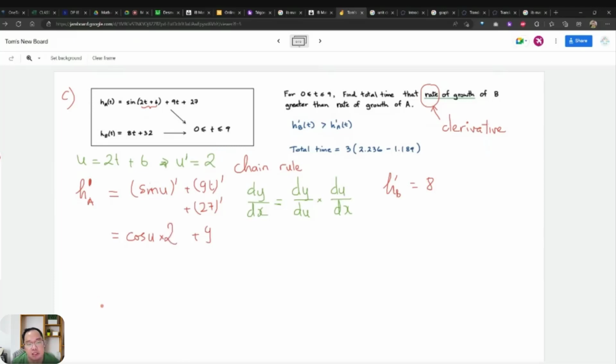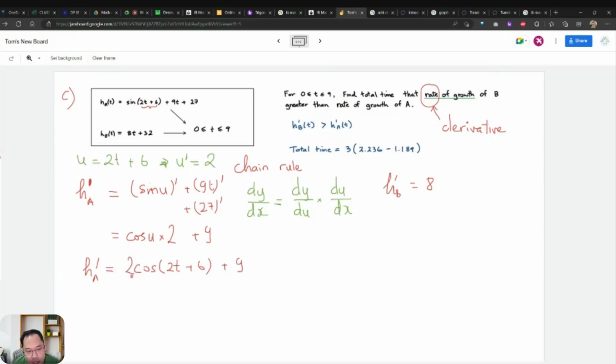Multiply with 2. That's it. So we can rewrite in terms of t, that is cosine of 2t plus 6, and I can move the number 2 to the front. Okay, and then add 9. This is the HA derivative.